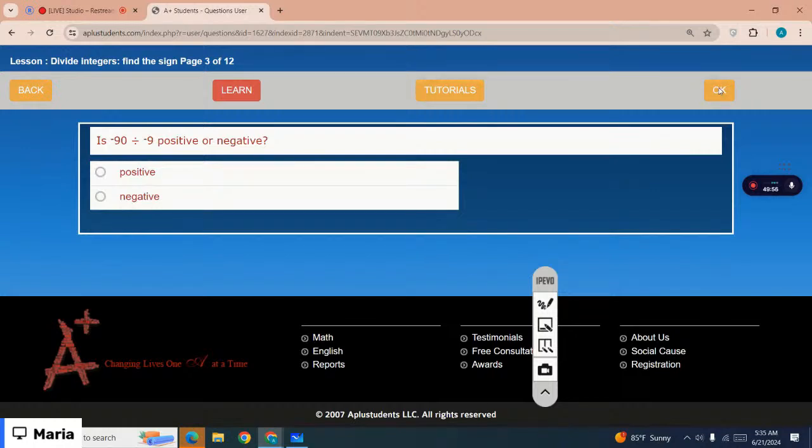Is negative 90 divided by negative 9 positive or negative? Both the numbers are negative, so the answer must be positive. The correct option is positive.